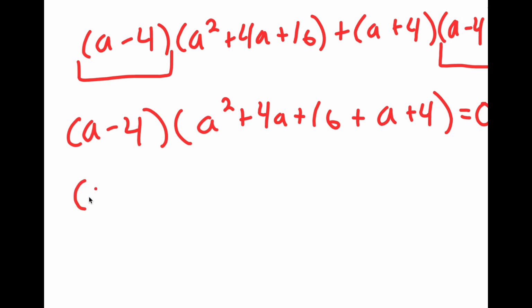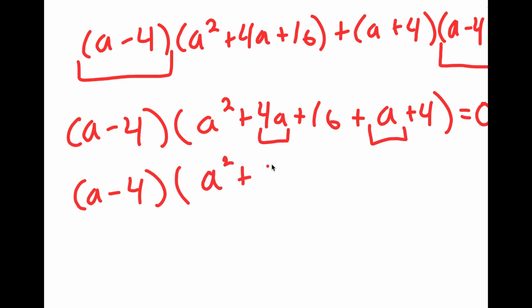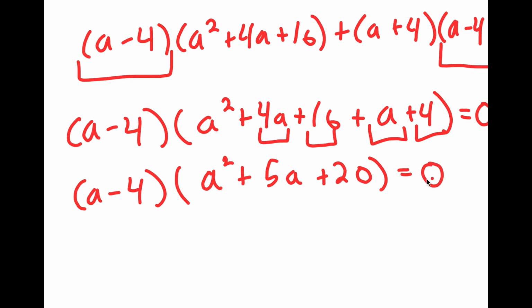Now to simplify this, we can add like terms. 4a plus a is 5a, and 16 plus 4 is 20. So I have a minus 4 times a squared plus 5a plus 20 is equal to 0.